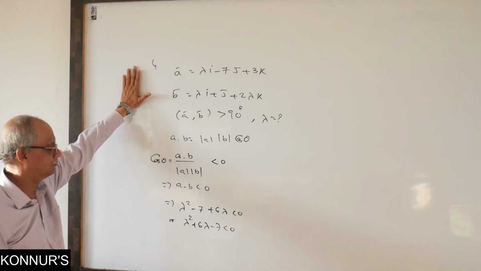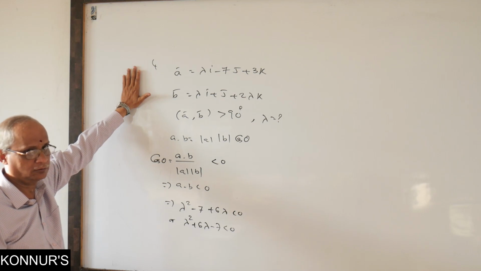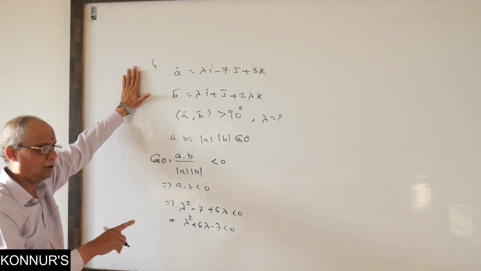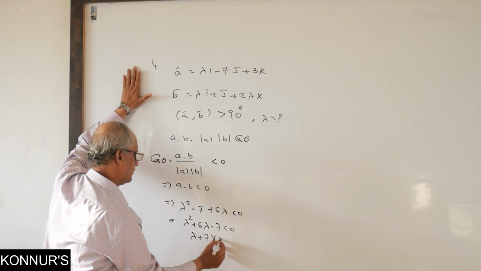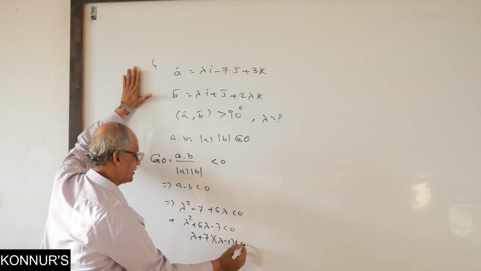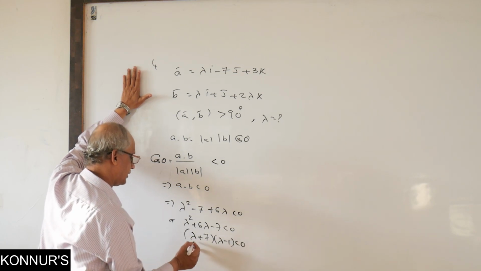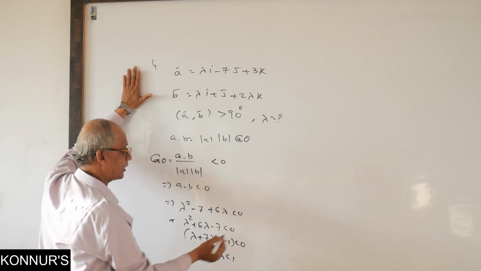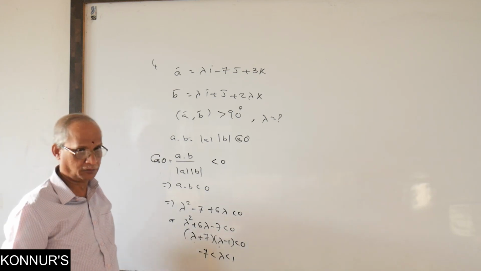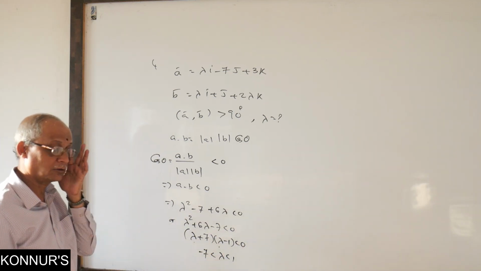Factors are there: minus 7, and in between we need 6. 7 comma minus 1. Therefore, lambda plus 7, lambda minus 1 product negative. When product is negative, it lies between two numbers. Product positive does not lie between, it lies outside the numbers.